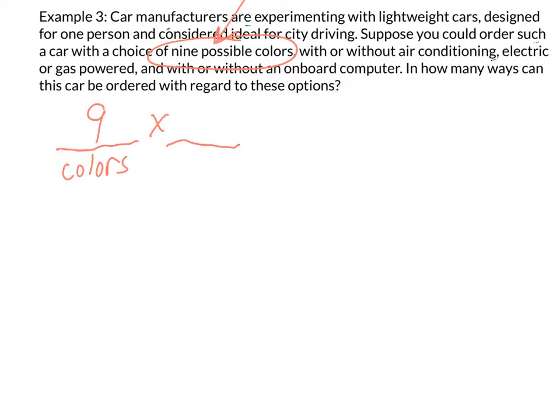Yes, you'll pick one of those 9 colors, but again, it's the total number of choices that you use in your actual calculations here. So 9 total colors to choose from, times the next decision they want you to make is about air conditioning. So I'm just going to label this AC, the next underline here. And technically there are 2 choices, either with or without air conditioning.